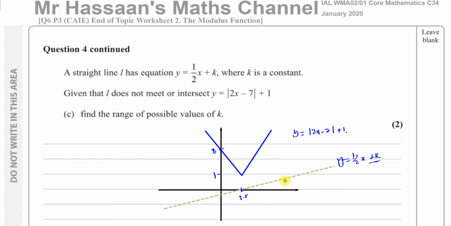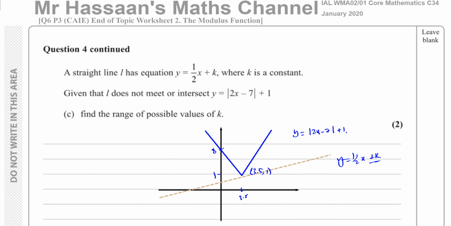Given that the line does not meet or intersect this graph, we need to find the range of possible values of k. So we've got to find the case where it doesn't meet or touch this graph. We know the vertex of this graph is 3.5 and 1. And for y equals a half x plus k, we want to find the value of k such that this will never touch that point.